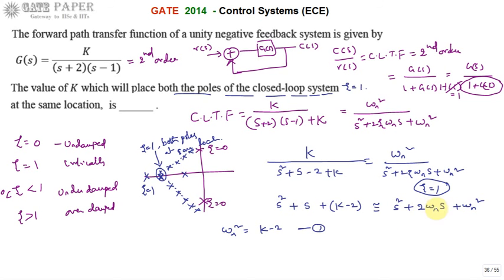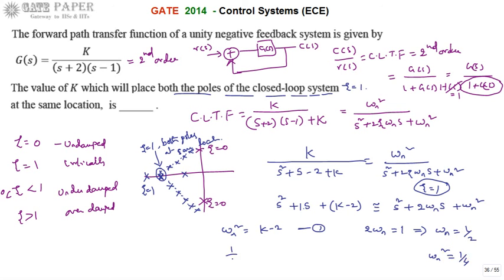Comparing, omega n square is equal to K - 2, one equation. And comparing the coefficient of s, 2 omega n from the standard equation is equal to 1 from s. So 2 omega n is equal to 1, and from this you get omega n equal to 1 by 2 and omega n square equal to 1 by 4.